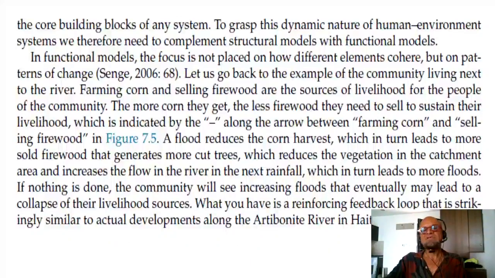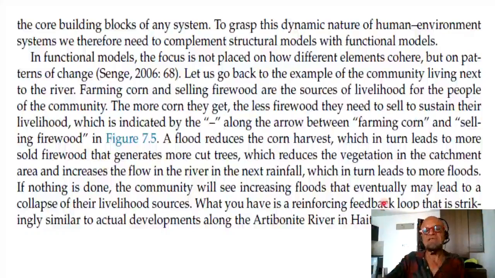To grasp this dynamic nature of human environment systems, we therefore need to complement structural models with functional models. In functional models, the focus is not placed on how different elements cohere, but on patterns of change. Let us go back to the example of the community living next to the river.